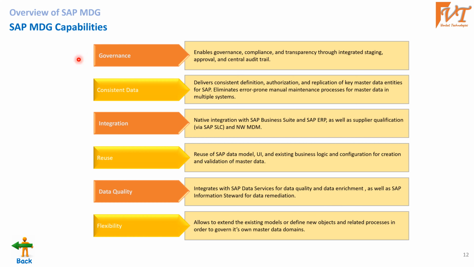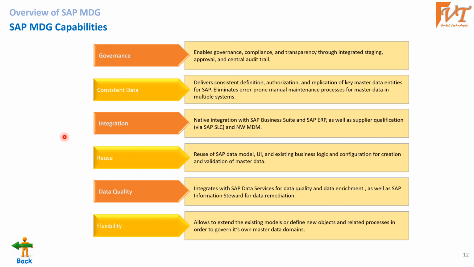So these are a few of the MDG capabilities at a high level. We can implement the governance rules to ensure the data quality, and we can integrate different source systems to the SAP MDG system.